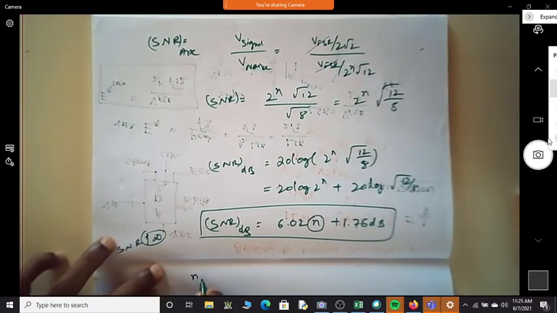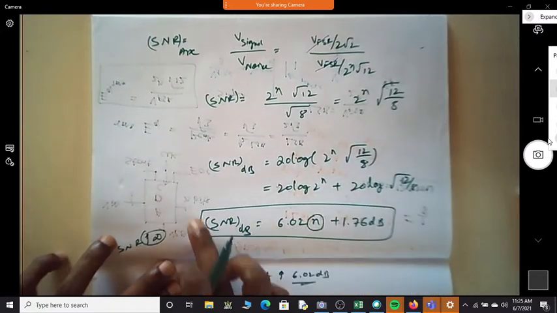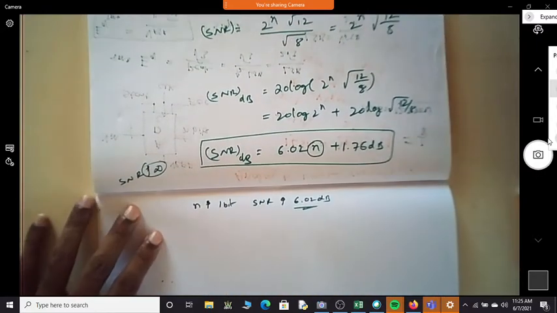If n of an ADC increases by 1 bit, then the SNR will increase by 6.02 dB. That is the meaning of this expression.